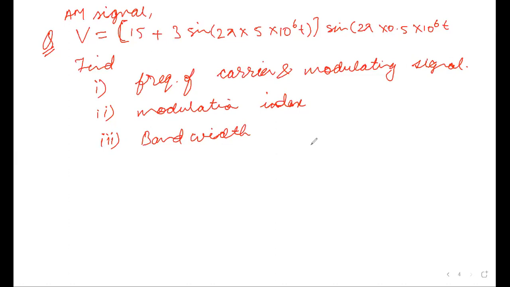Okay. So if you have seen that, I think you should be able to do this, because it is not a very tough question. It is just based on the simple form of the amplitude modulated signal. So what is written here?